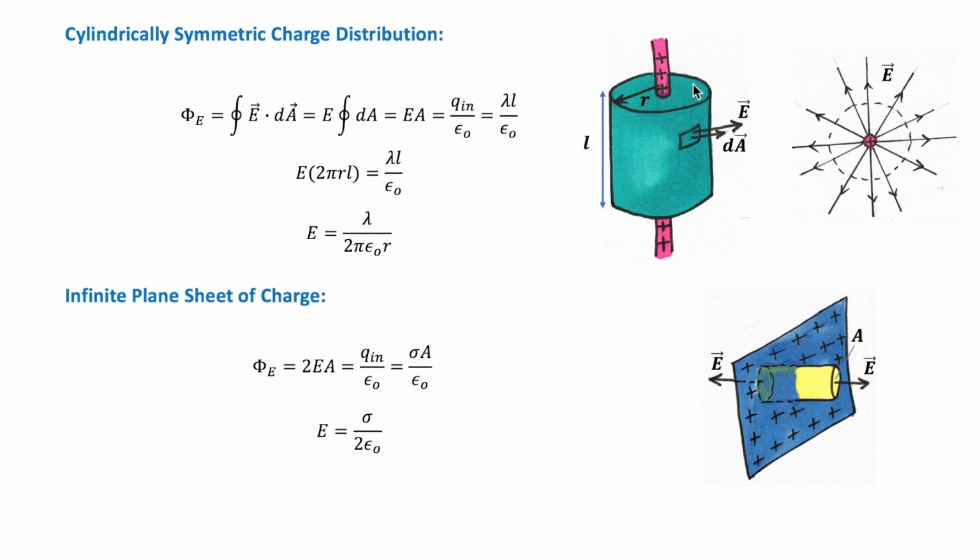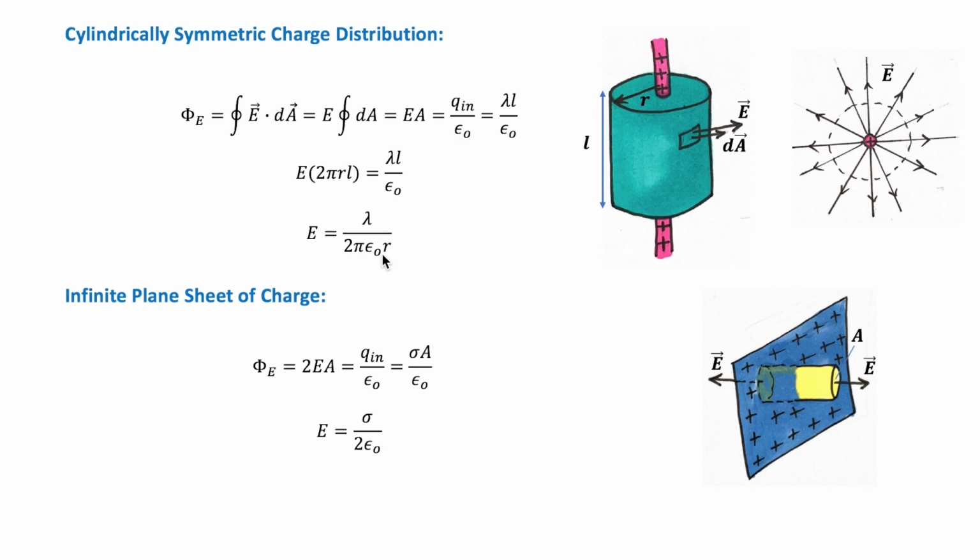But it can have a component that is perpendicular to the top and bottom surfaces, okay? But even for this finite length line charge, for points far from the ends, this equation can give a good approximation for the field. Okay.